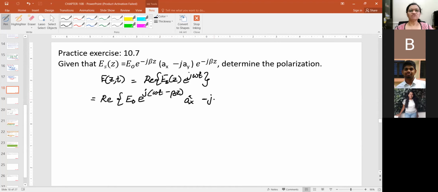Let's keep minus j, and then of course again E naught e to the power of j omega t minus beta z along the ay cap direction. Is this step clear? I just club together this j omega t and this j beta z. So I'm getting omega t minus beta z. Similarly here also omega t minus beta z.